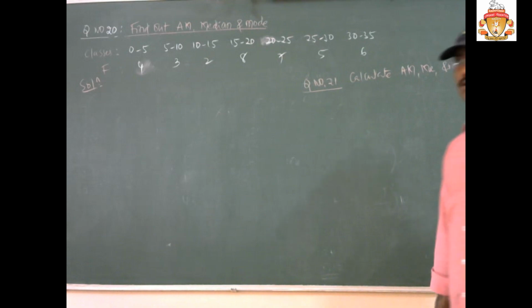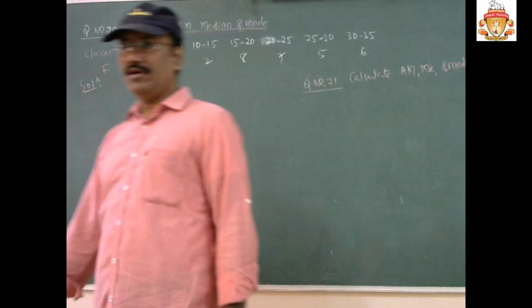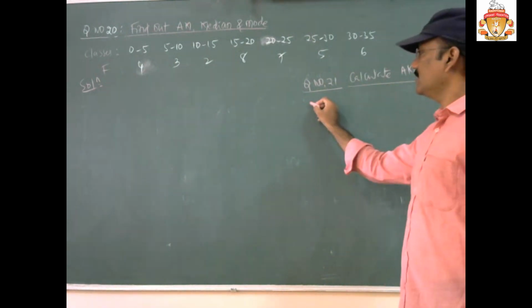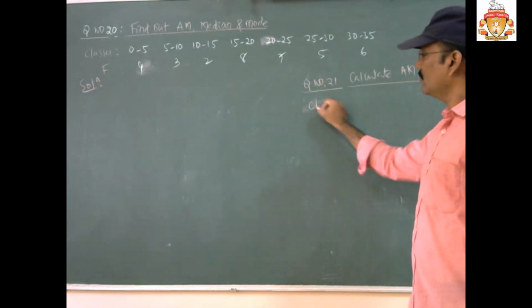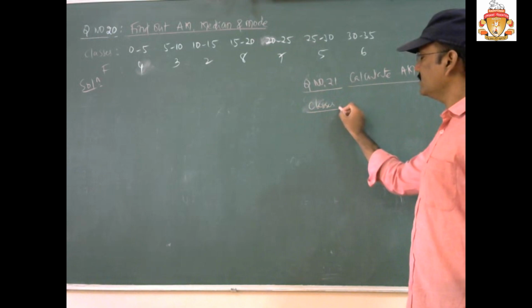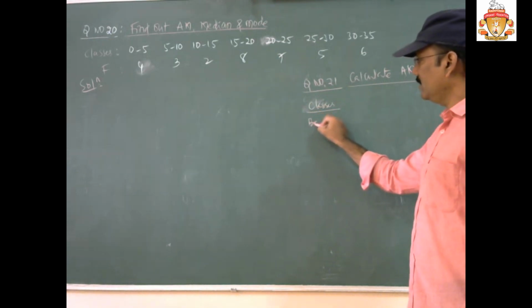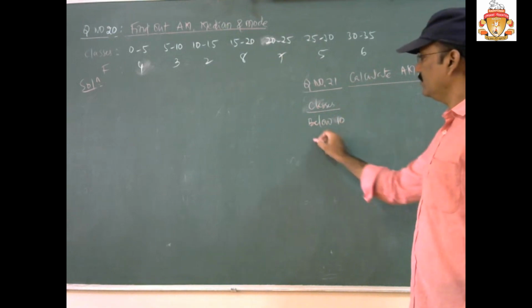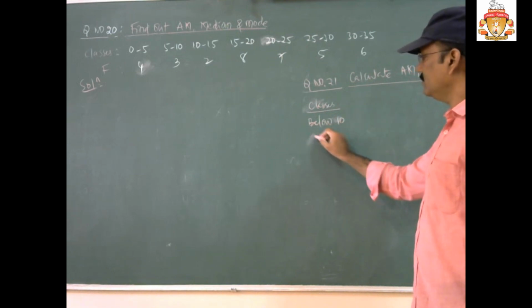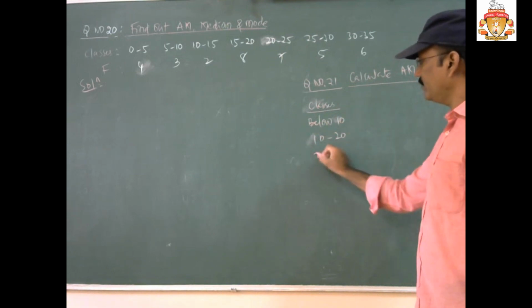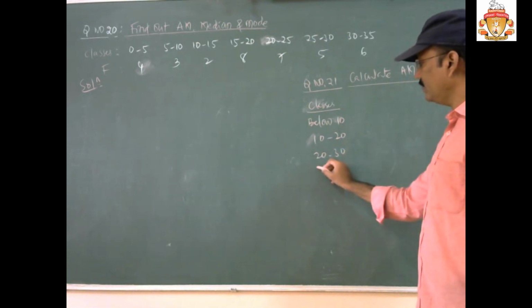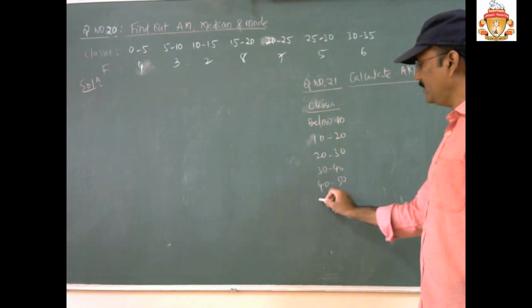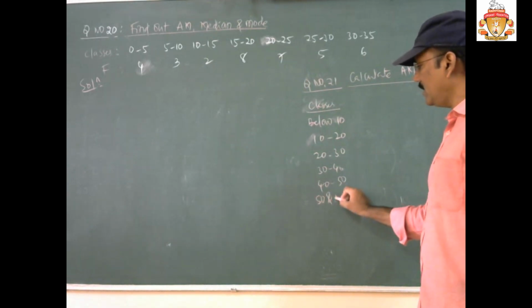The classes are: below 10, next 10 to 20, 20 to 30, 30 to 40, 40 to 50, 50 and above.